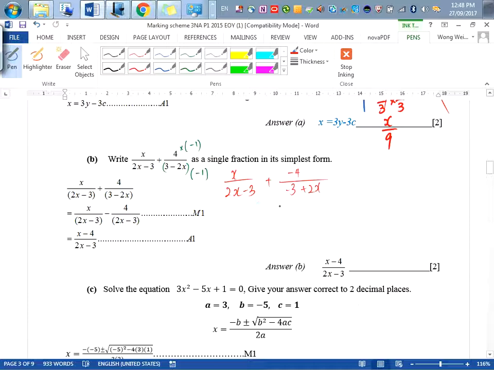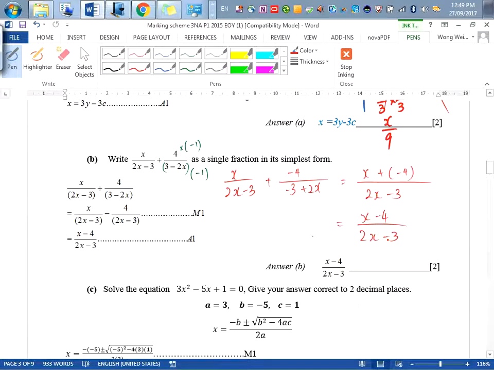Are the denominators now the same? Look carefully. Same, right? So now that they are the same, I can just add. And this will become x plus negative 4 over 2x minus 3. Answer is x minus 4 over 2x minus 3.